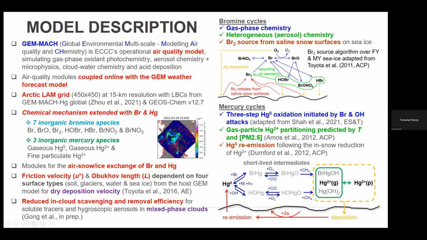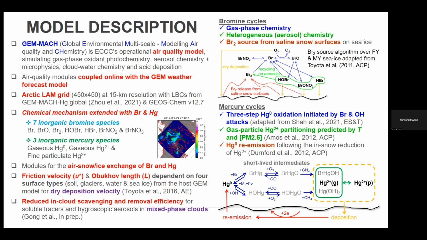And also for mercury, bromine is actually the main oxidizer in the boundary layer in the springtime, but in the summertime, OH takes over as the oxidizer for mercury. After mercury is oxidized into the divalent form, it can partition between gas phase and aerosol particle depending on the PM concentration and the temperature.